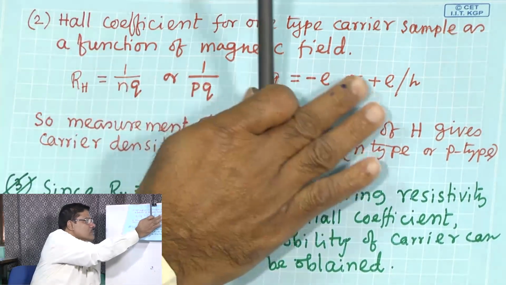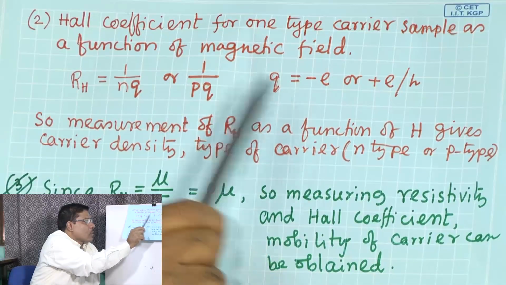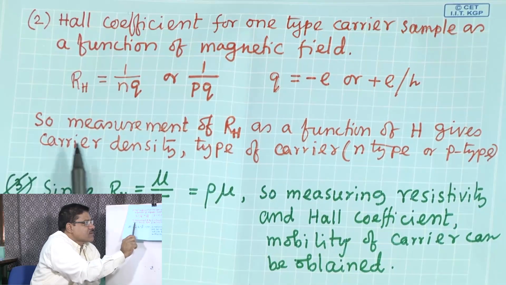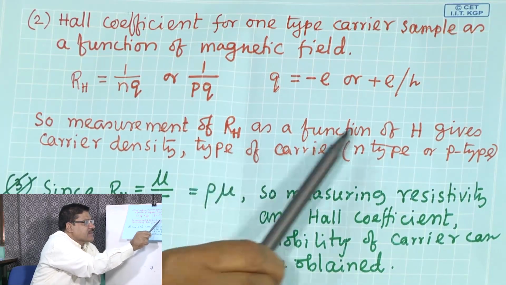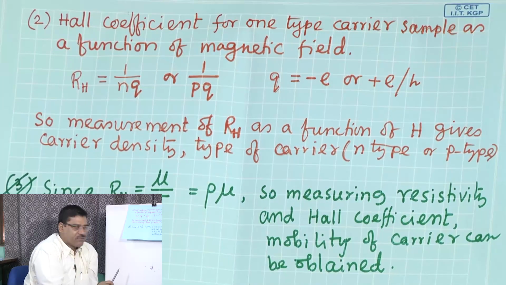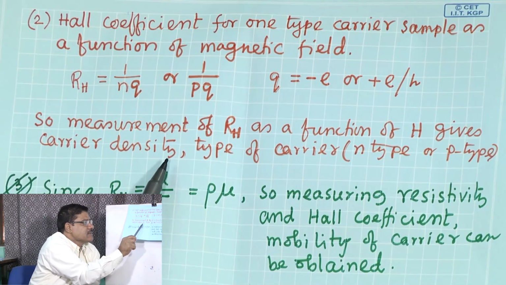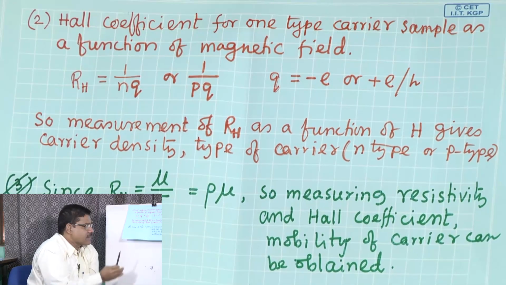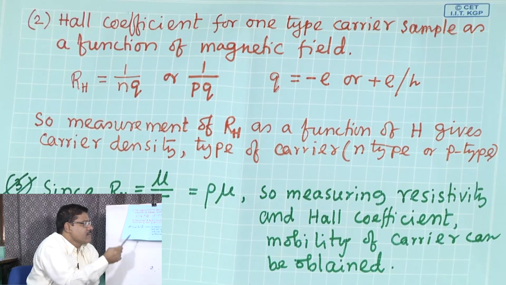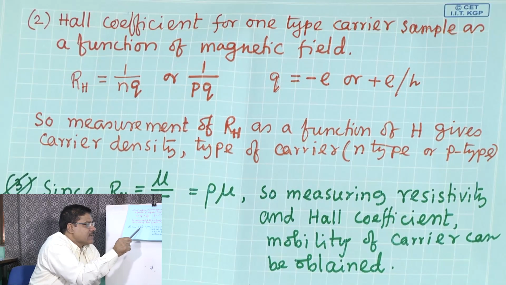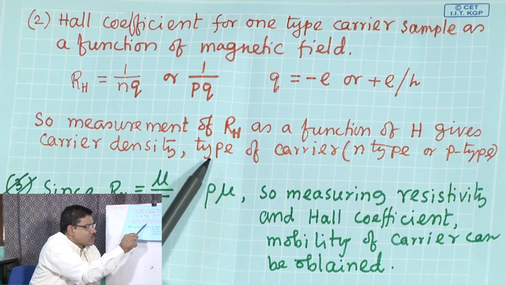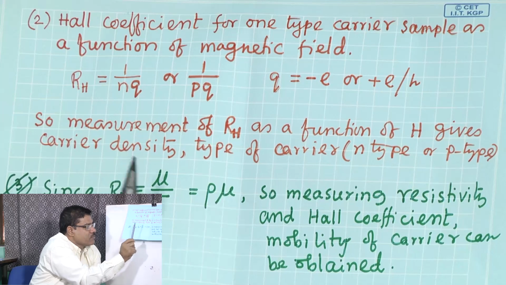And since R_H equals mu by sigma, and sigma is 1 by rho, R_H equals rho times mu. So measuring resistivity and Hall coefficient, the mobility of the carrier can be obtained for one type of carrier. If you can measure the resistivity of the sample, one can find out the mobility.